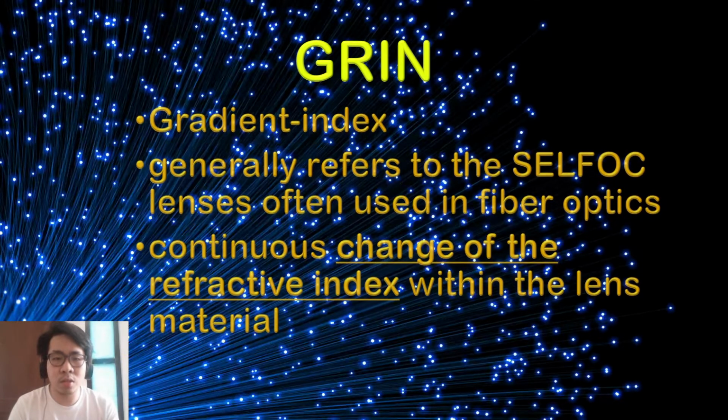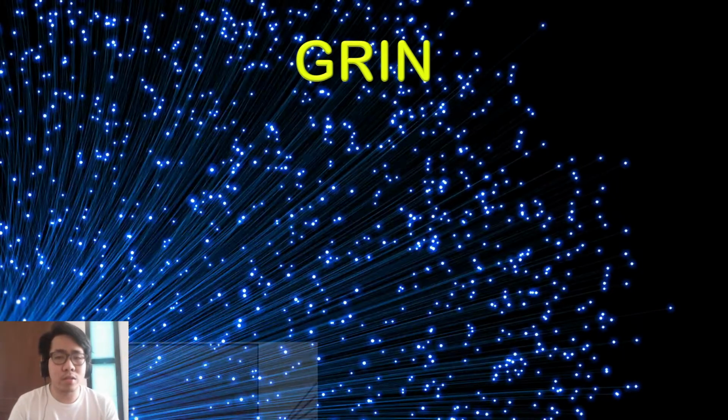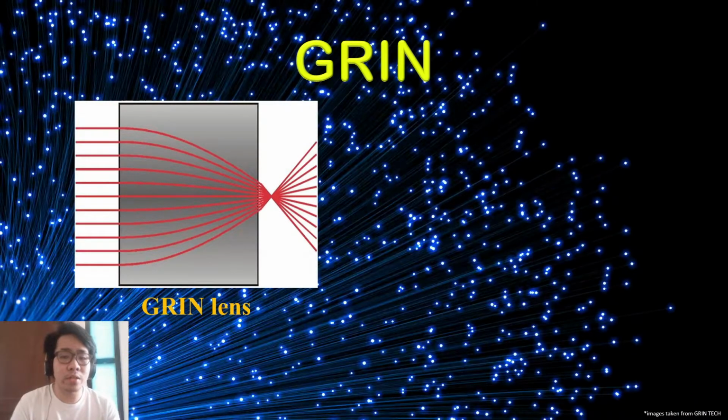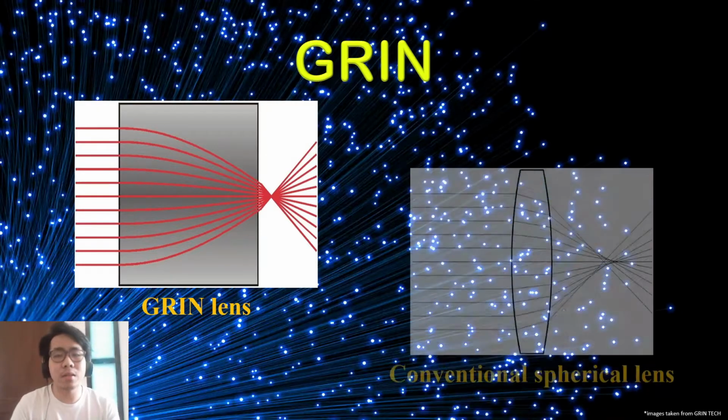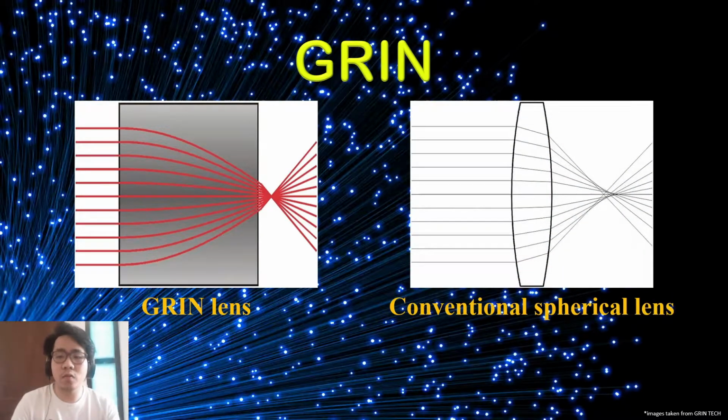Let us see how it works. Here is a diagram of a GRIN lens, and this is an example of a conventional spherical lens. As you can see, in our conventional spherical lens, since the refraction index does not change, the path of the light inside the lens is a straight line.